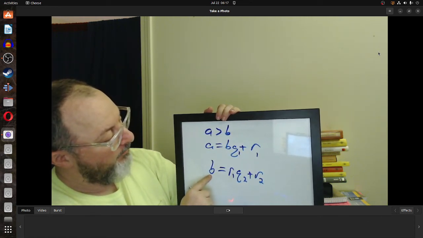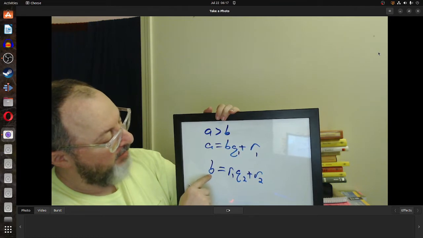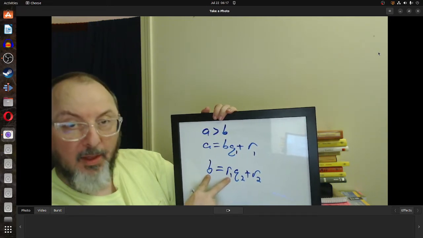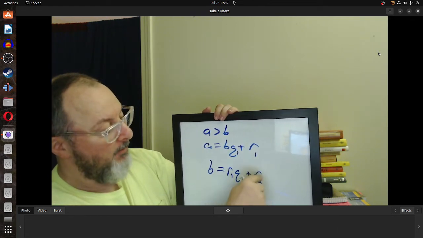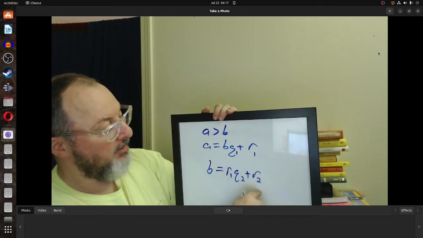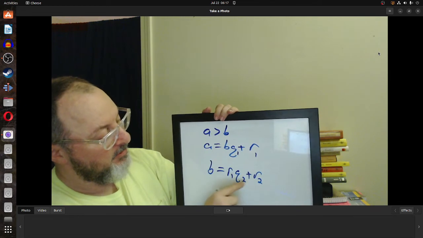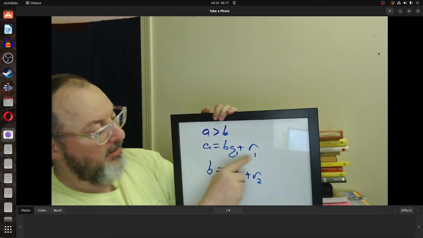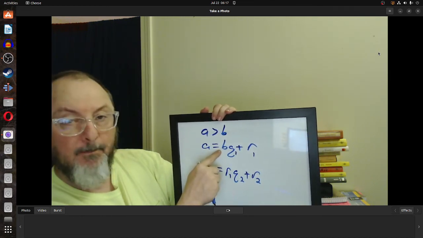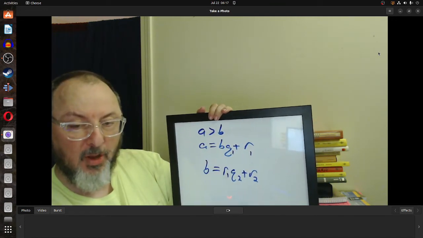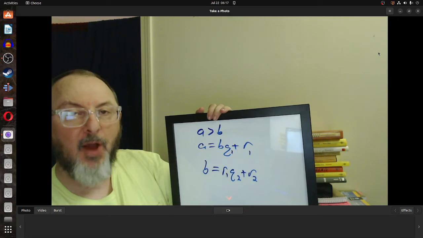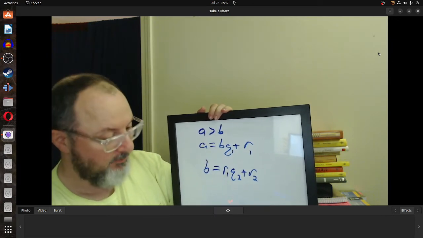The divisor of B and R1 will be a divisor of R2, but R2 is now smaller, because R2 is smaller than R1, and R1 is smaller than B. So they're always getting smaller as you're going down. So this process will eventually end.